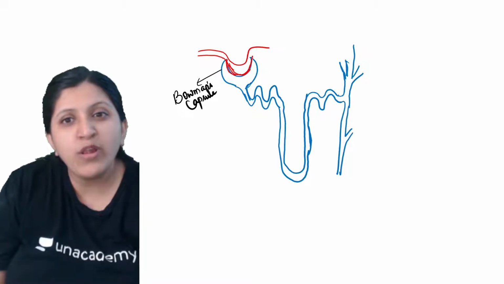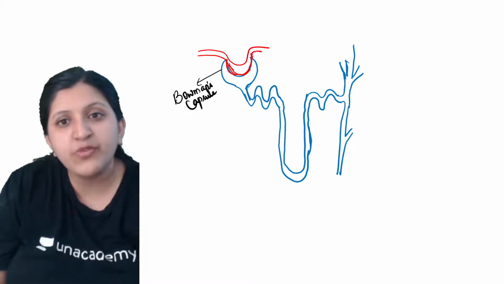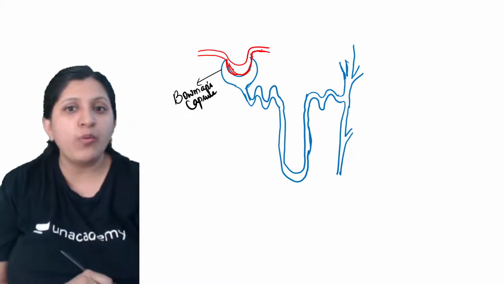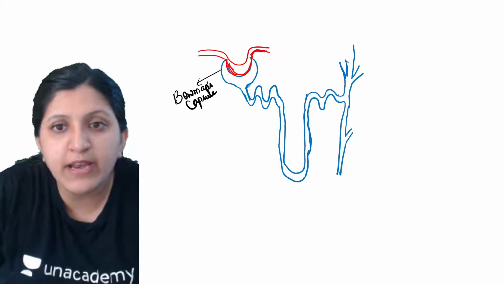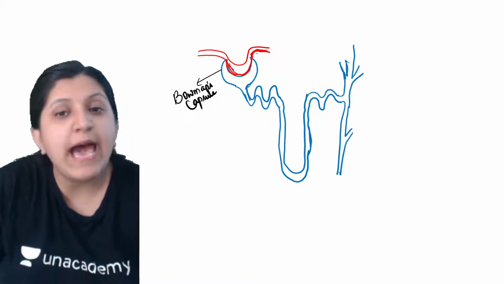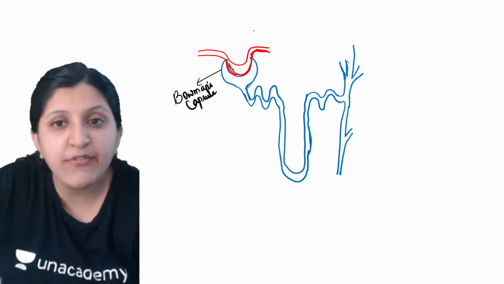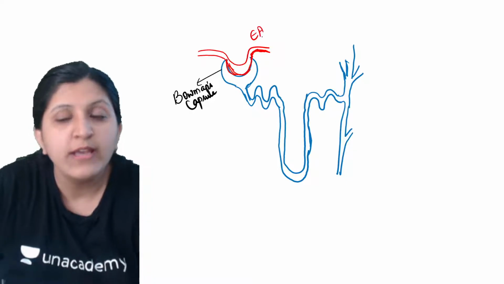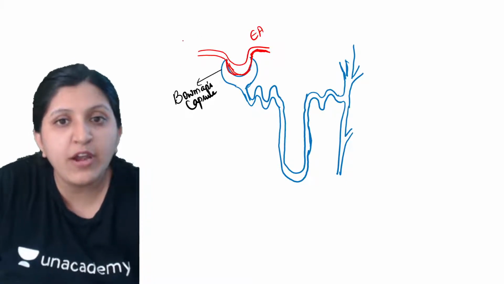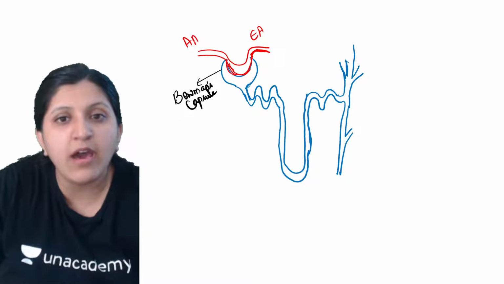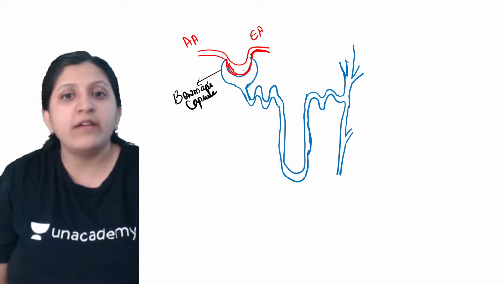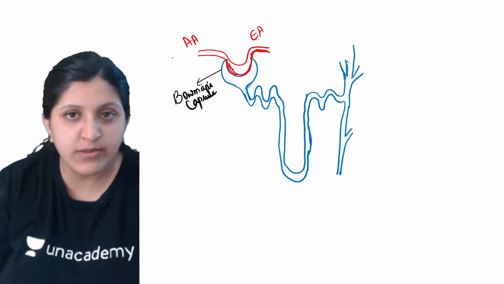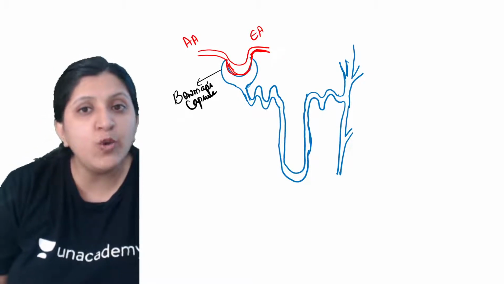A ball of mass, a knot like mass formation we can see over here, and you can observe with respect to the diagram itself the diameter of the efferent arteriole. This is the efferent arteriole, and this one is the afferent arteriole. Here the diameter is wider, and here the lumen is narrow.